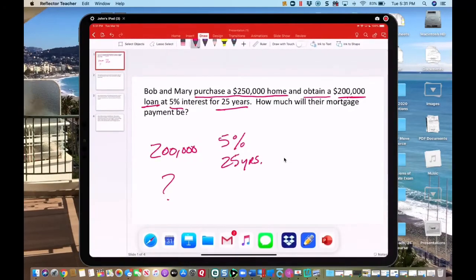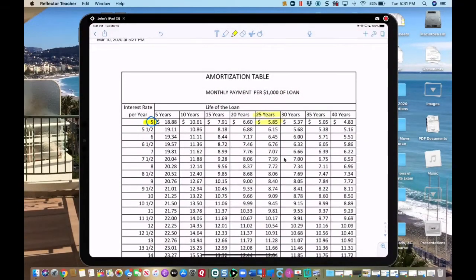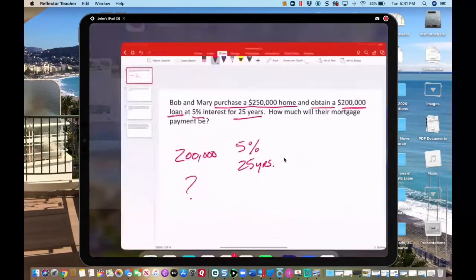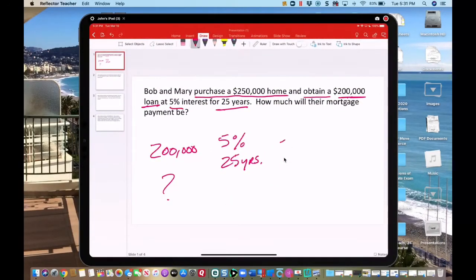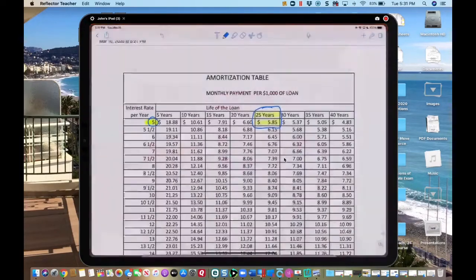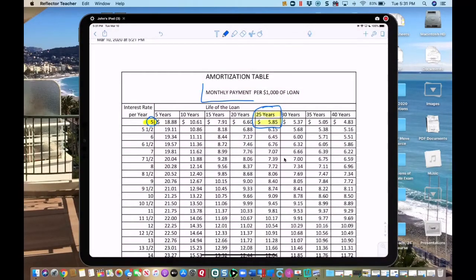So when I come back over here, 5% interest, 25 years gives me $5.85. So I'm going to come back over here, and I'm going to put $5.85. Now remember, the loan table, this is important, is per 1,000 of loan.